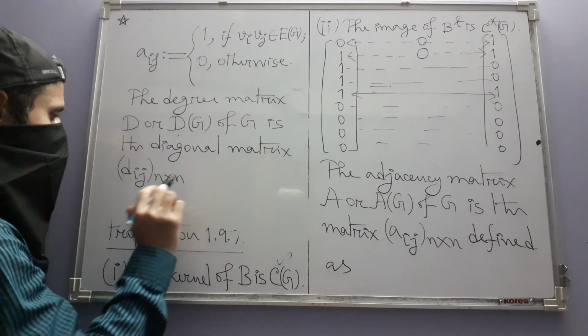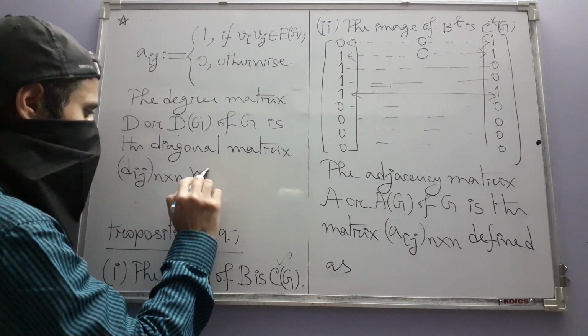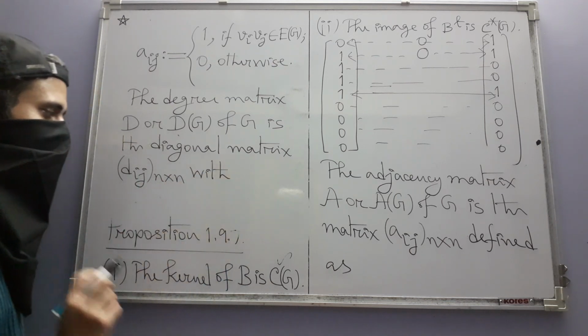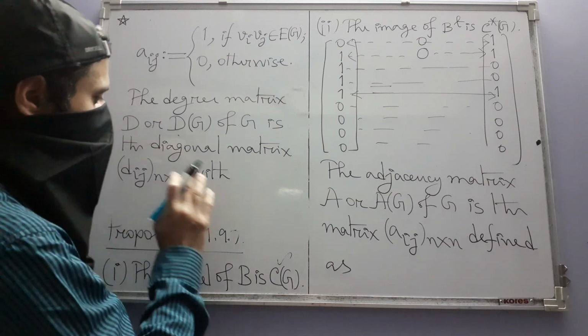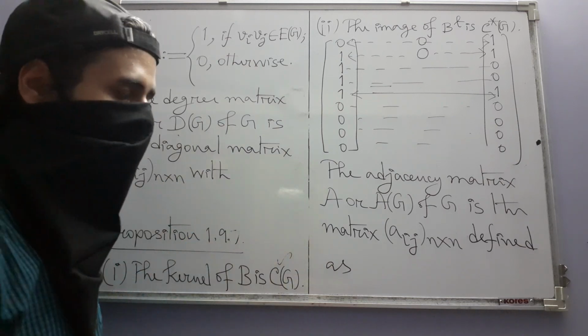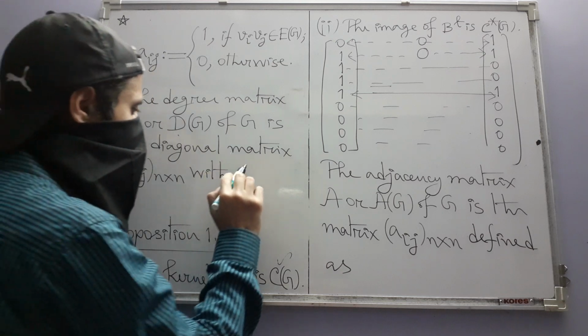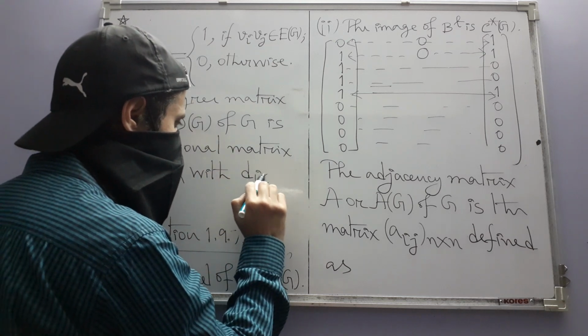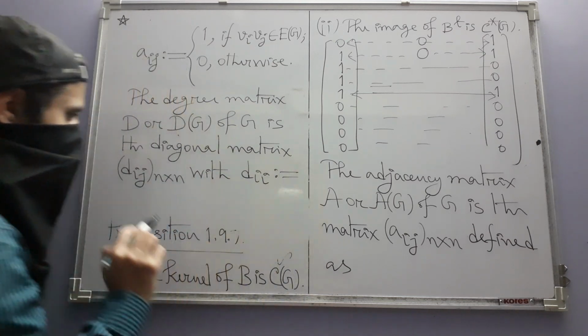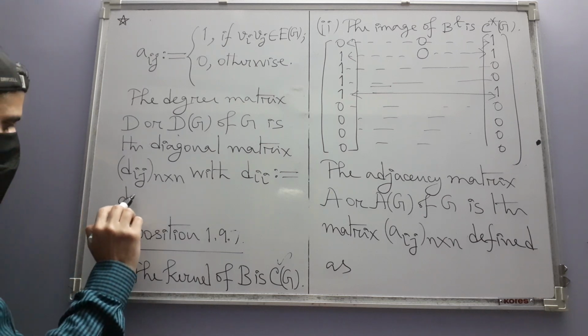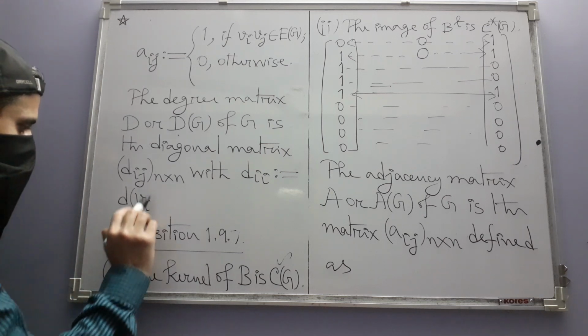This is also an n by n matrix. Because we have said that it's a diagonal matrix, there is no need to define the off diagonal entries. They are going to be 0. We only need to say what the diagonal entries are, and the ith diagonal entry is nothing but the degree of the ith vertex.